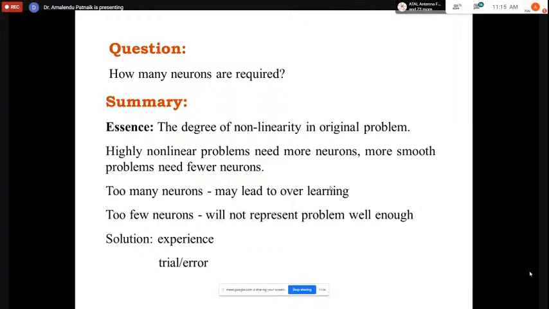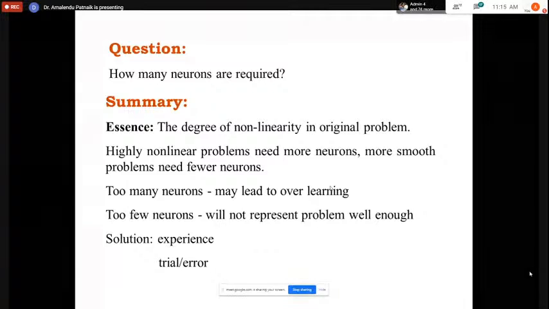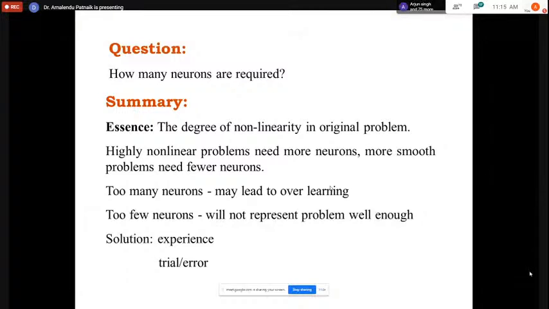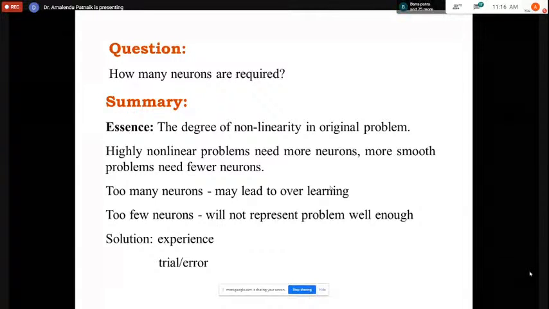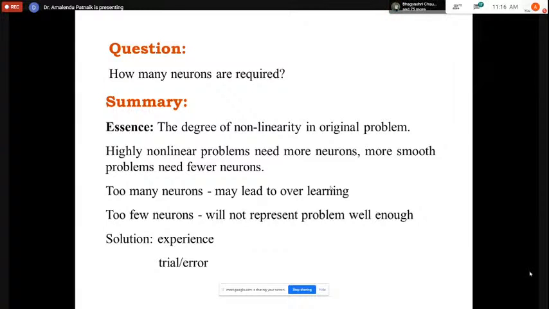But the question is how to choose the number of neurons in the hidden layer. Mostly it depends on the degree of nonlinearity in the original problem. Highly nonlinear problems need more neurons, whereas smoother problems need fewer neurons.